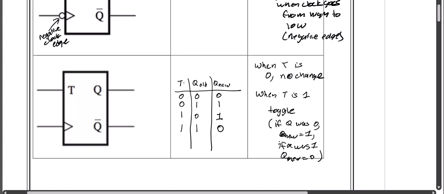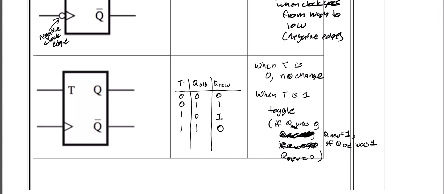This is if Q old was 0, then Q new will equal 1, and if Q old was 1, Q new will equal 0. But that all depends on T being 1.